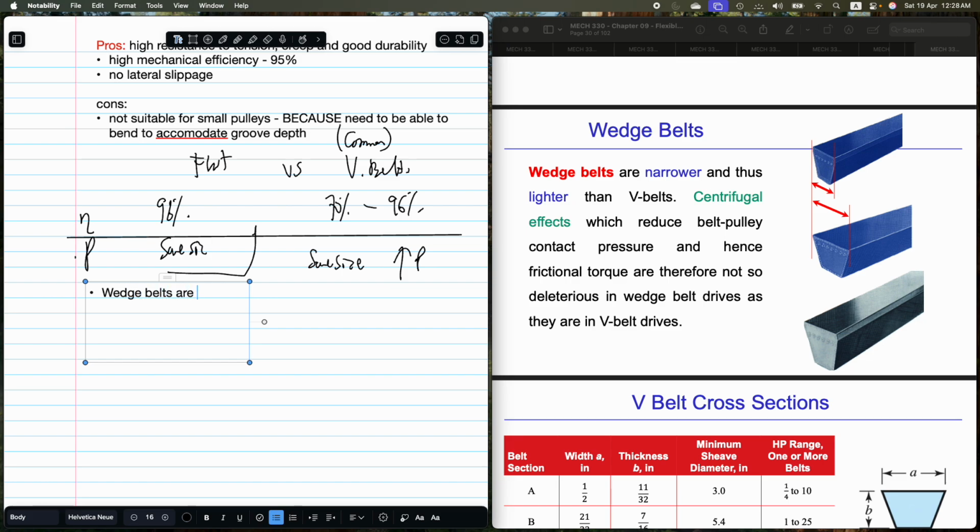Wedge belts are narrower and lighter than V-belts.